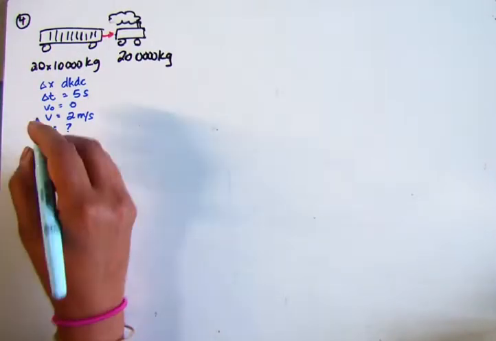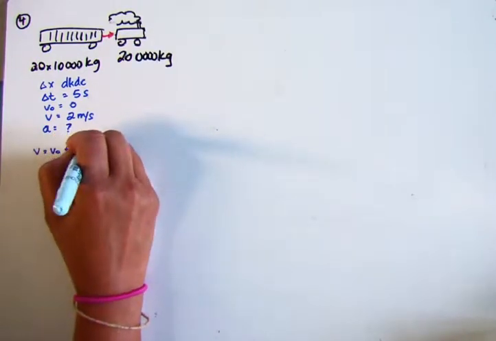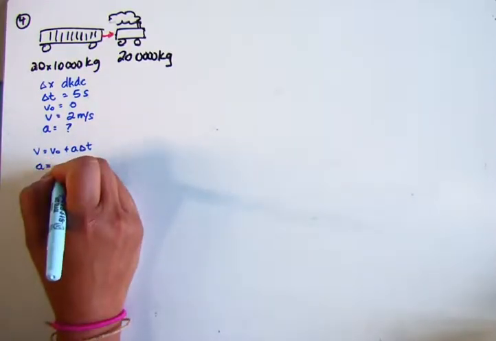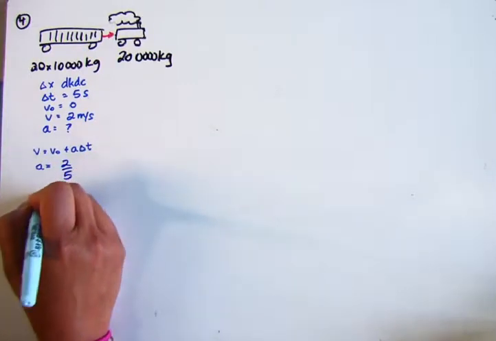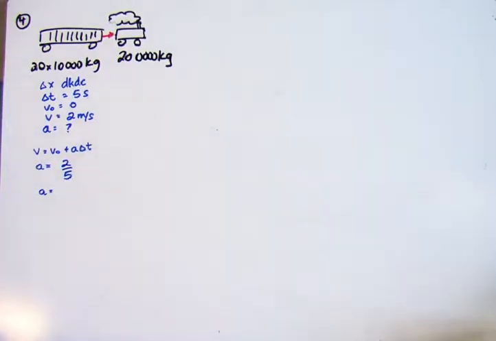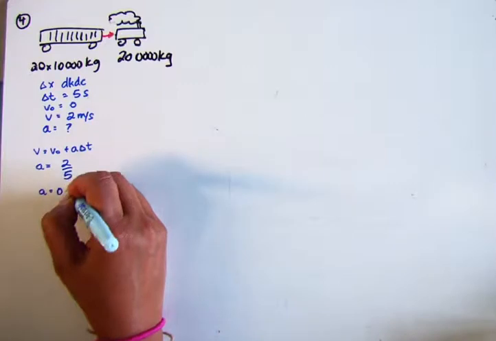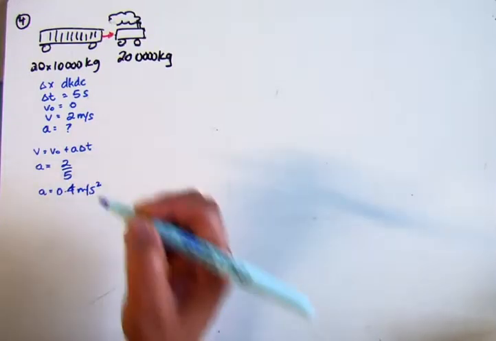So v equals v naught plus a delta t, and then a just equals 2 divided by 5, which is, quick check on my calculator reveals it to be, yes, Maya cannot divide 2 by 5. 0.4 meters per second squared.